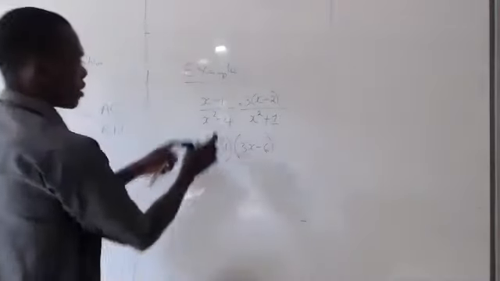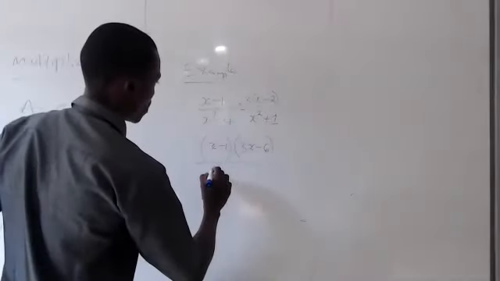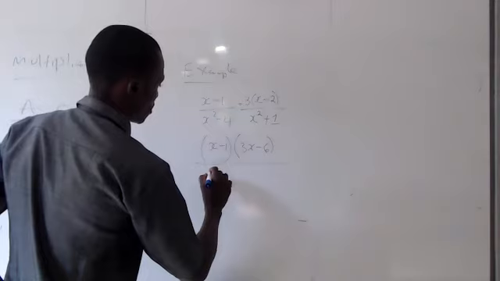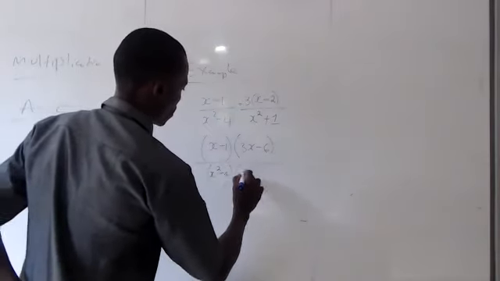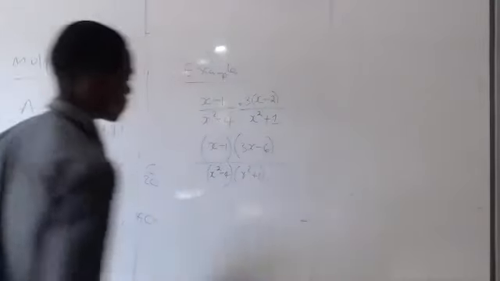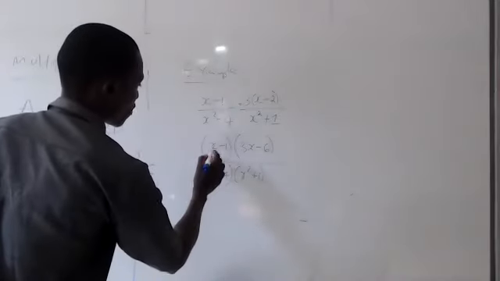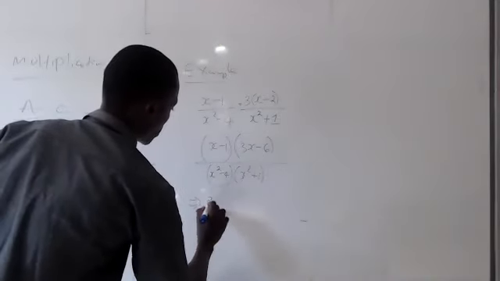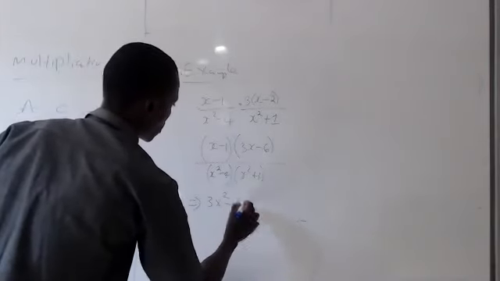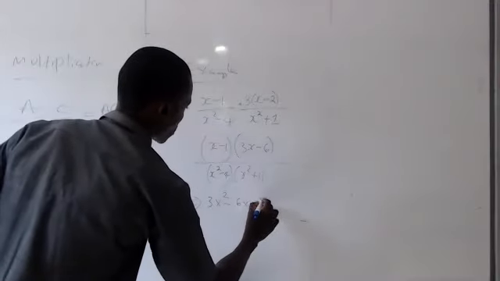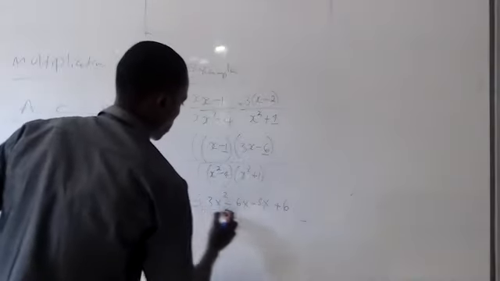We're dividing by the product of x squared minus 4 and x squared plus 1. So for the numerator, x times 3x is 3x squared. x times 6 is 6x. Negative 1 times 3 is minus 3x. Negative 1 times 6 is plus 6.